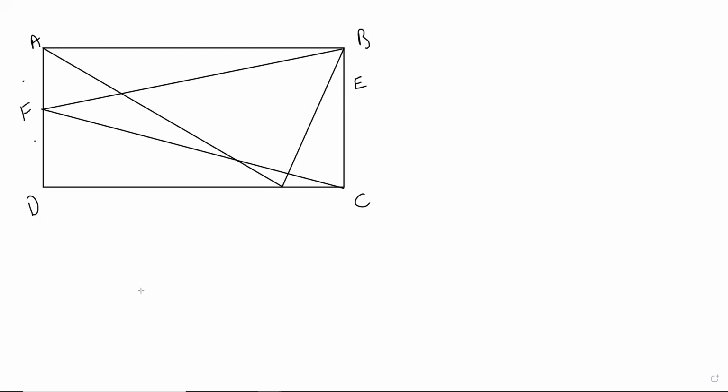And then the area of this thing is, let's say, 5. Okay. And so the area of this thing is, let's say, 2. No, I mean, if this is 5, then this shouldn't be 2, right?